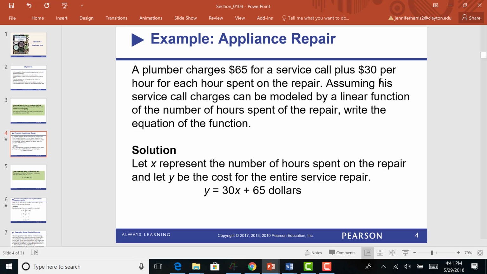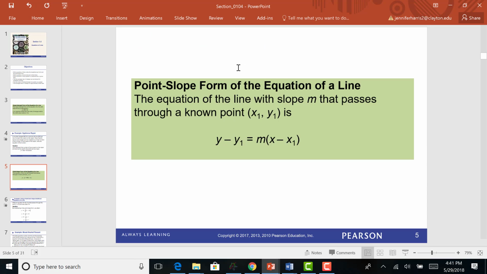They gave you $30 per hour, which is your slope, and they gave you the flat fee, which is your flat service charge. If I give you the slope and the y-intercept, you have no work to do but just plug it in for m and b, right? Here's the next question: what if I don't give you all the information outright? Can you figure it out? Yes, but you need that formula to figure it out.